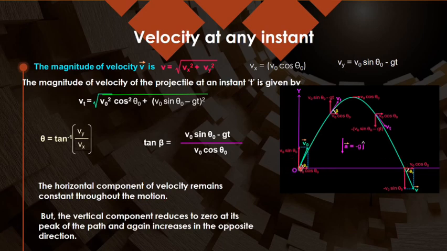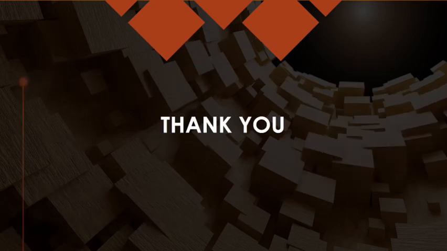Initially it was v naught sin theta naught, and on reaching the ground it comes with the same speed, v naught sin theta naught, but with negative sign. The direction has changed. Earlier you were throwing it upward, now it is coming downward. This can also be proved simply by using the three equations of motion which we have discussed for constant acceleration. So keep things up to this.